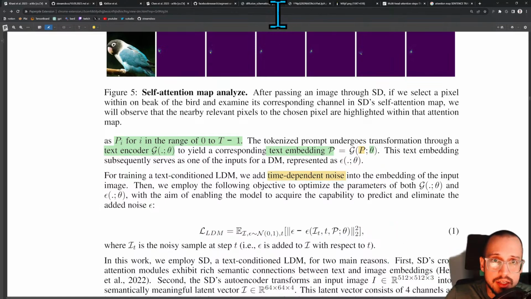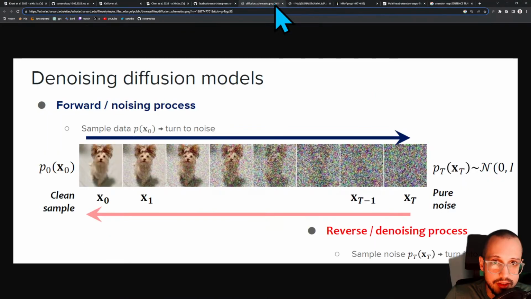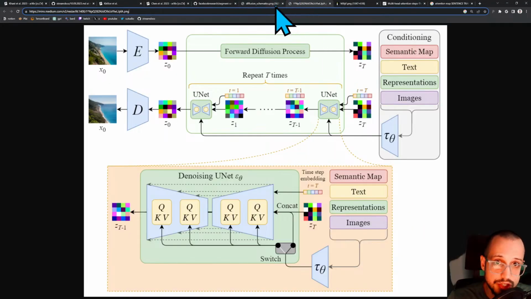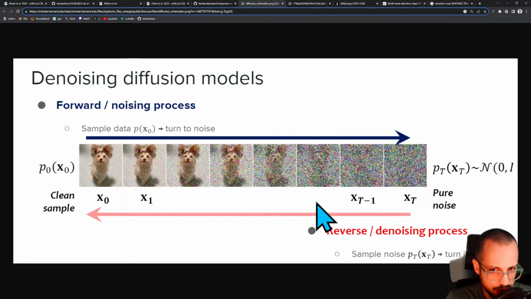So here's another picture, which I think is great. This is the full diffusion model, but this actually shows you more what the diffusion process is, like what is actually happening here. The way that diffusion models work is that you start from an image and then you add noise to it, right? So during training, you can just add a little noise to this thing.